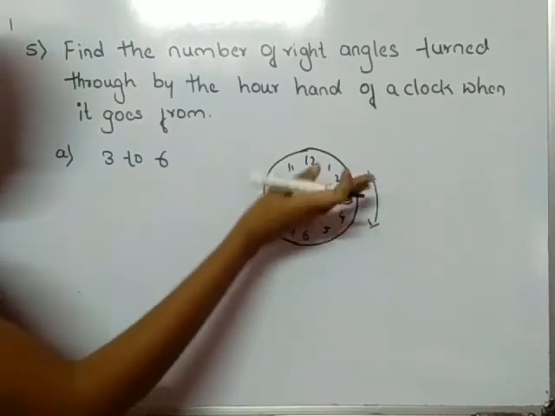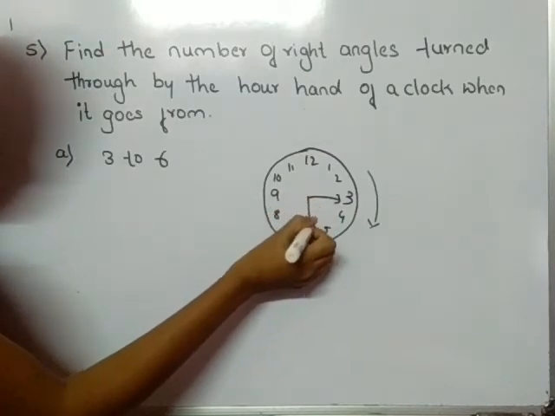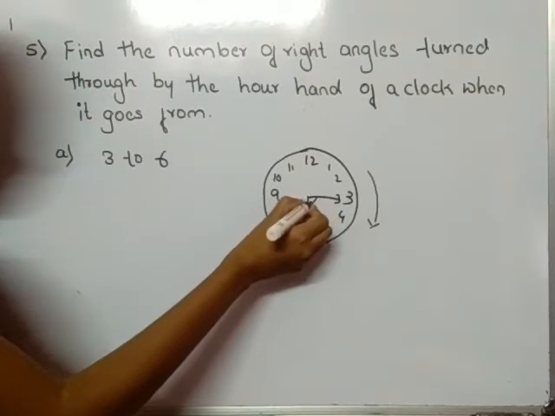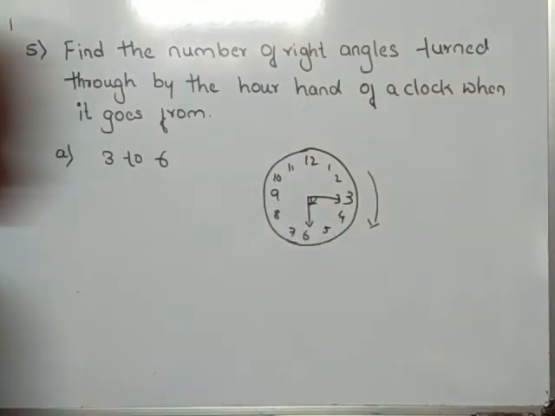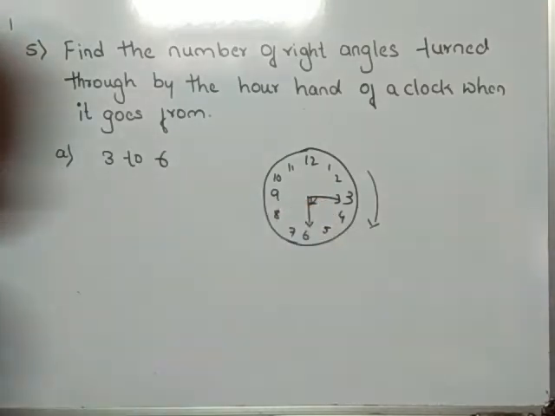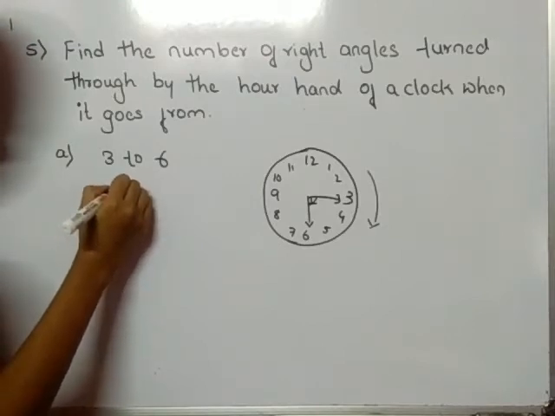And after rotating it came to 6 here. Then how many right angles are formed here? When a hand moves from 3 to 6, only one right angle is formed, isn't it? So we'll write here one right angle.